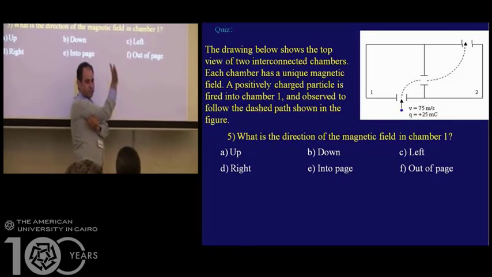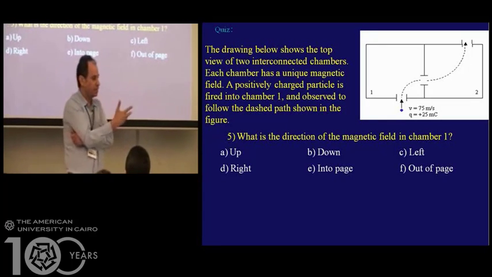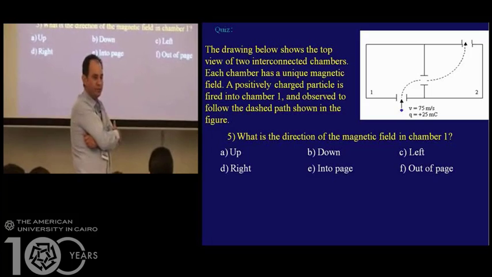So what should be the direction of the magnetic field? That's easy. In the exam you will look crazy if you're doing it, but that's fine. We're all the same.